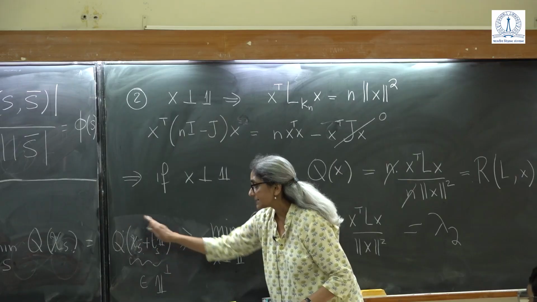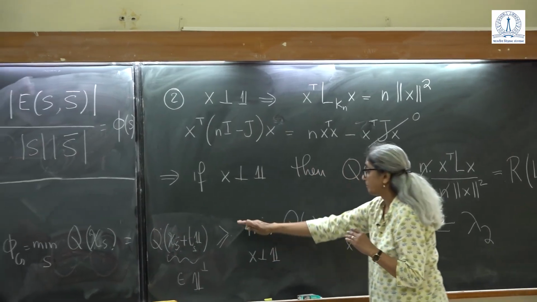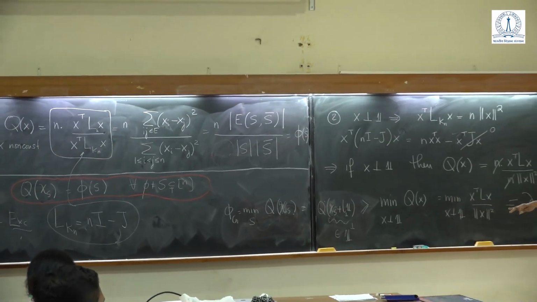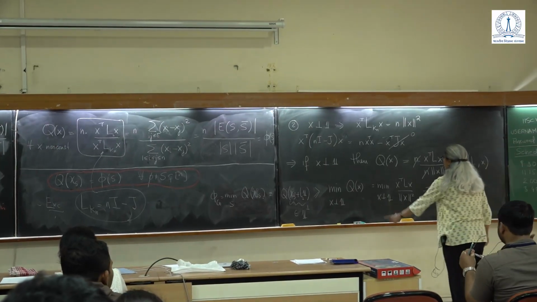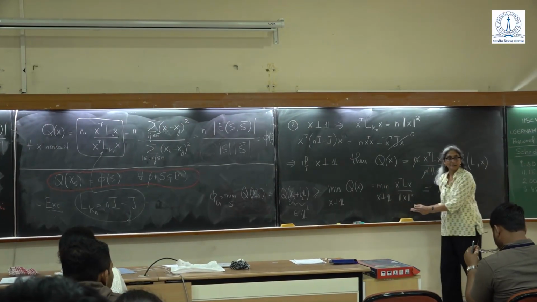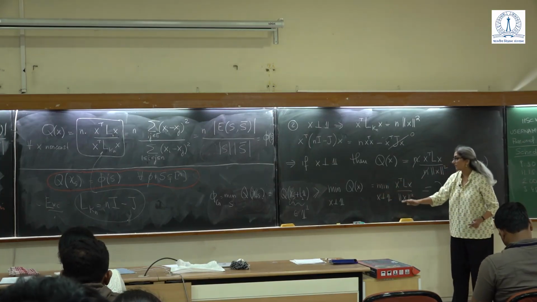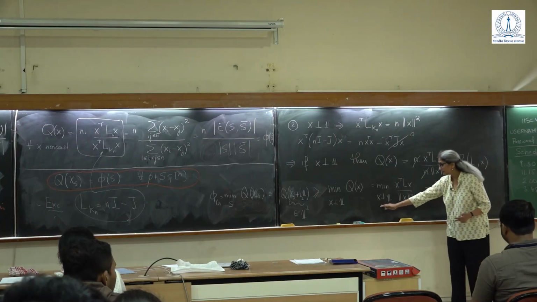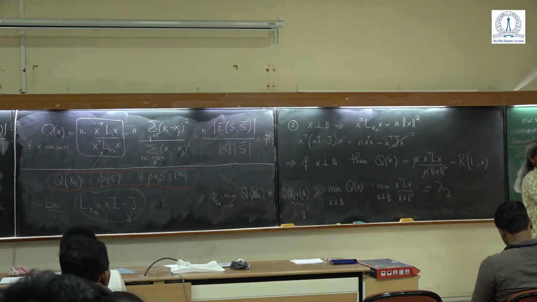So whatever this is, its value, the minimum value over these finitely many things is going to be bigger than the minimum value over the entire complement, right? The space is much bigger. But this we calculated: that Q(x) over x perpendicular is just the Rayleigh quotient, which by the other exercise is lambda 2. Okay, so that's the lower bound.